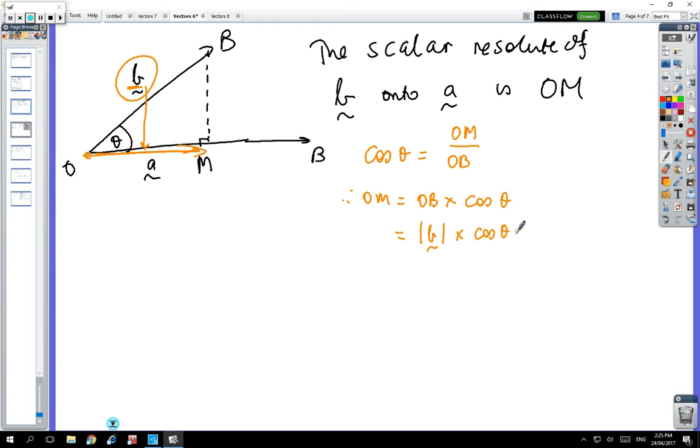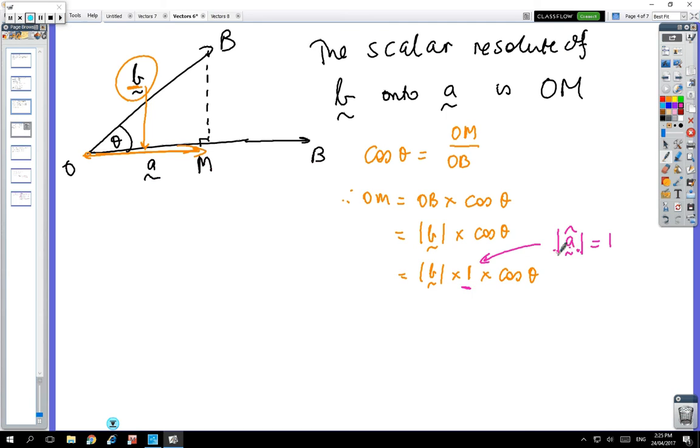Now this is where I just do a little bit of a trick. So far it's all okay. Now I'm going to put the number 1 in because that doesn't change the sum. If I've got 1 as my answer, then that would be the same as the magnitude of a unit vector in the direction of A. So if the answer is 1, it's a unit vector.